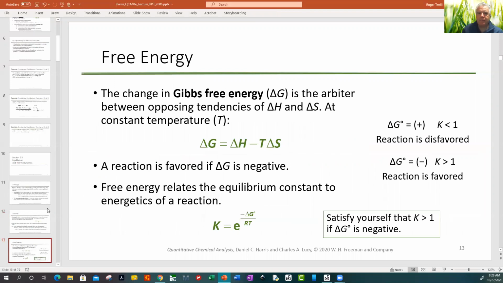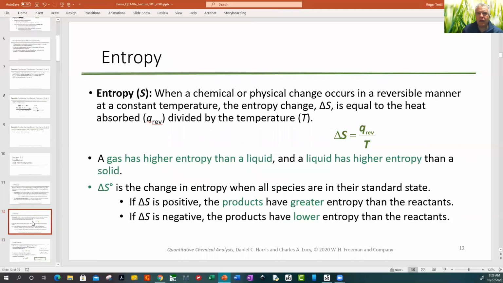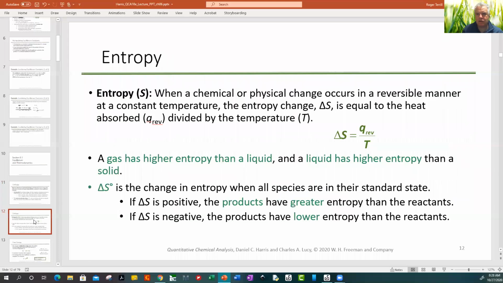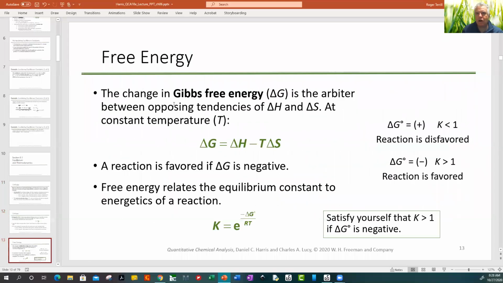Remember now that enthalpy is not always easy to measure, and entropy is not easy to measure. What's even harder to measure is actually free energy.